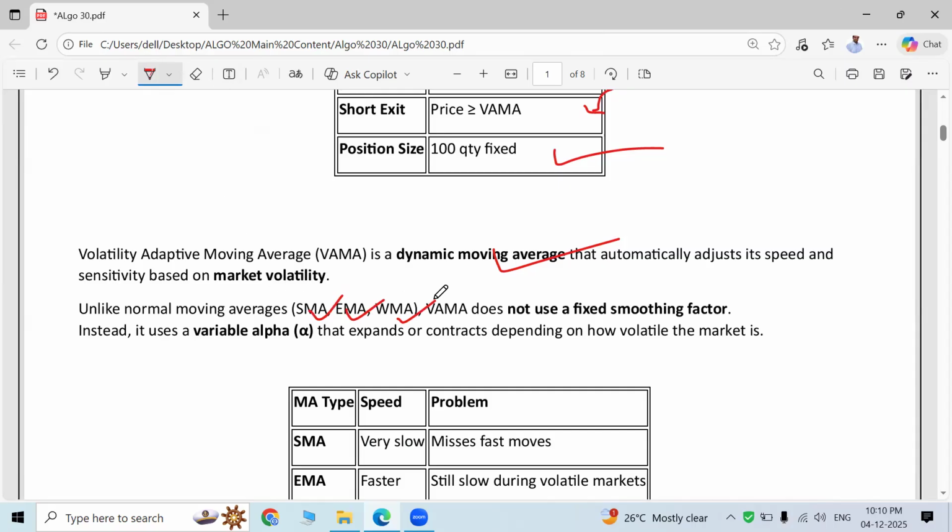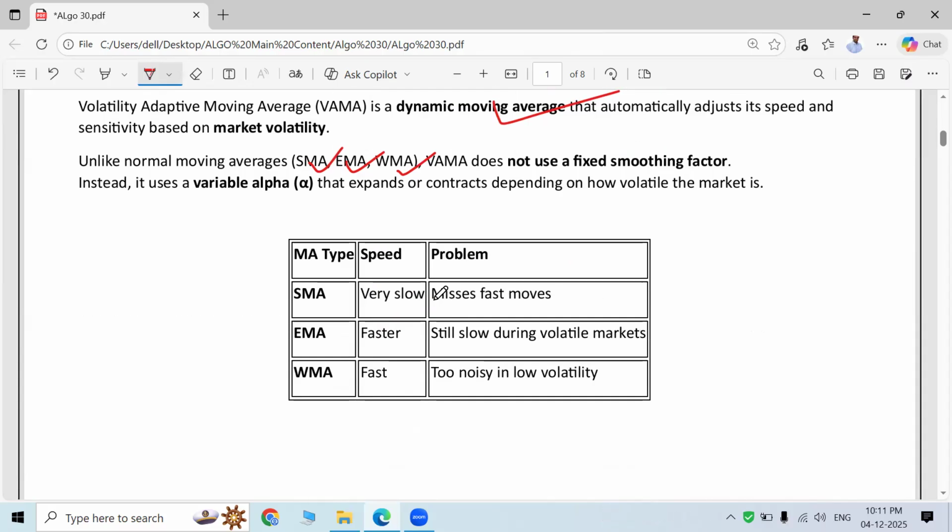It depends on what kind of trade setup you have. VAMA does not have a fixed factor. It has a variable factor, while SMA, EMA and WMA have a fixed smoothing factor. Due to that, VAMA works very well with changes in volatility in the market.